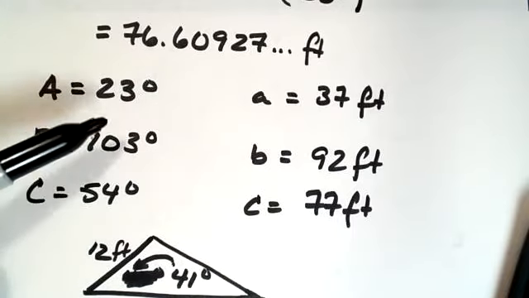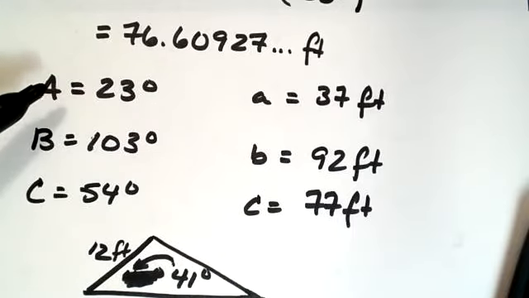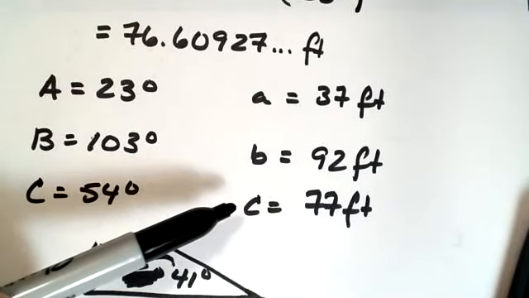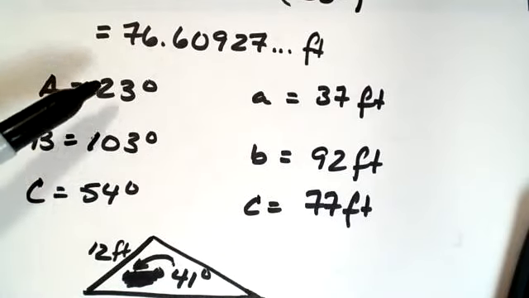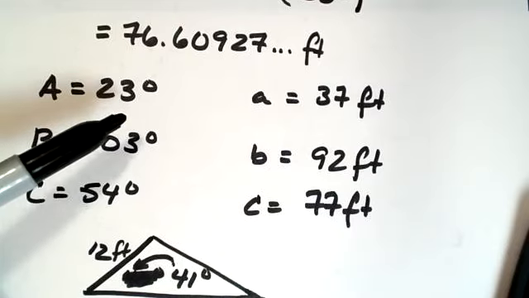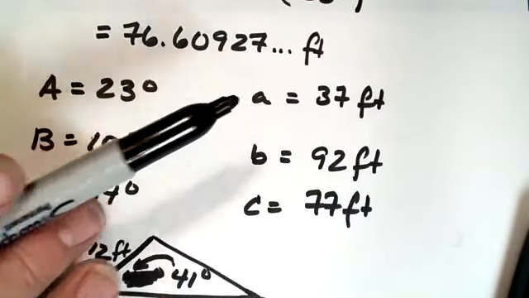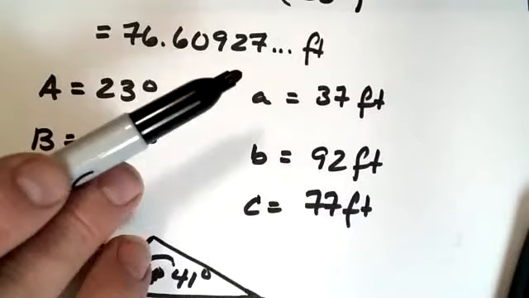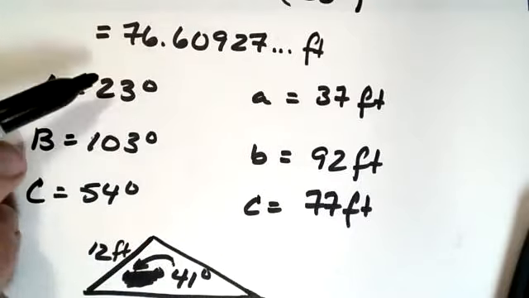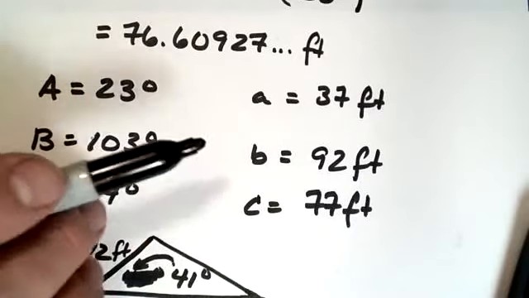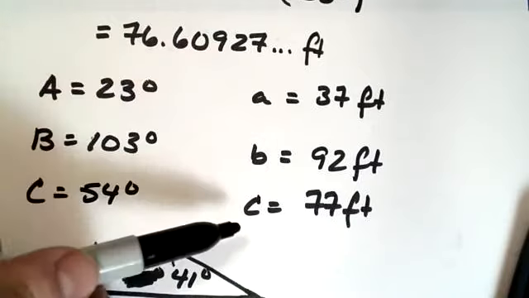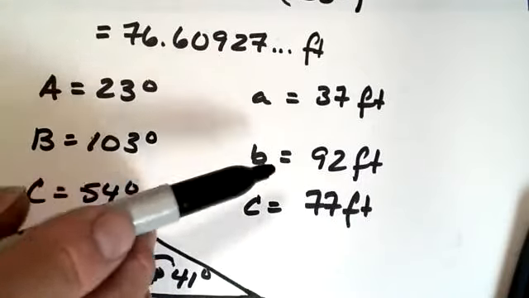So for example, it might make sense to use angles A and B with included side C, because these are the 2 angles you were given in the problem. Or alternatively, you need 2 sides. So if you were to take angle A, you would need B and C. Angle B, you would need A and C, and angle C, you'd need A and B.